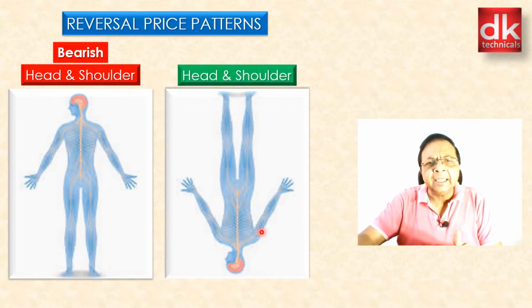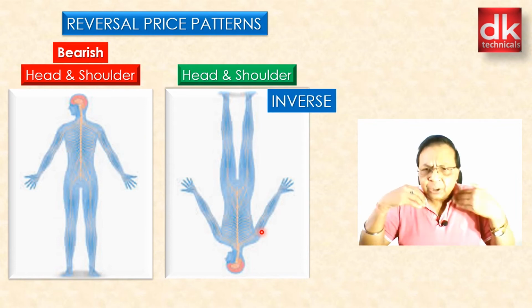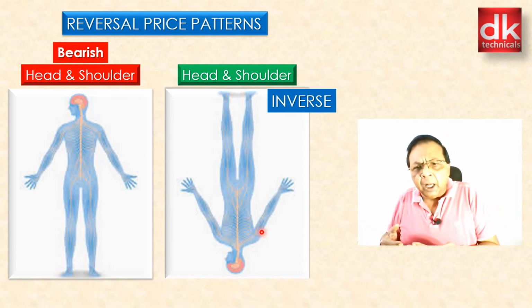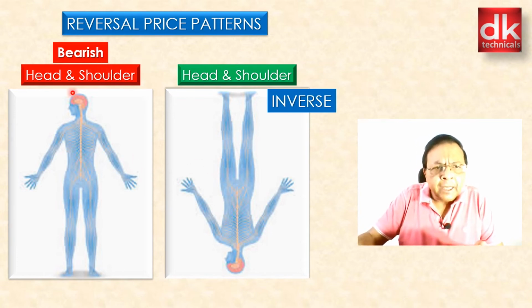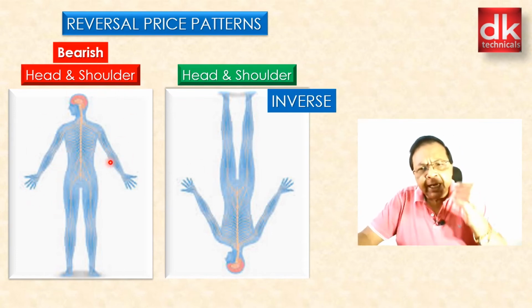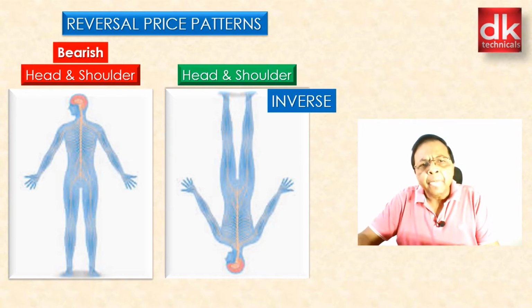So this is nothing but a head and shoulder which is bullish in nature, and it is known as inverted head and shoulder or inverse head and shoulder because it is the opposite of this head and shoulder. So friends, let's move ahead to understand further conceptually all about the head and shoulder pattern.